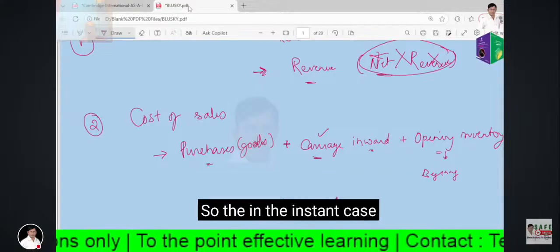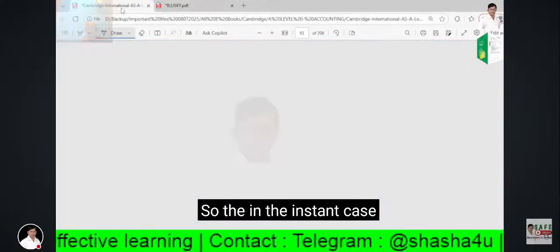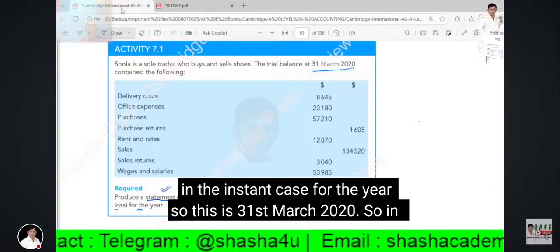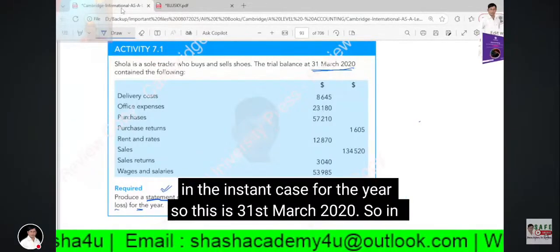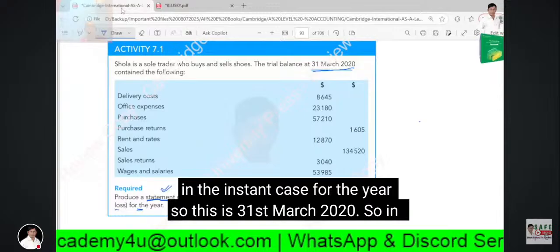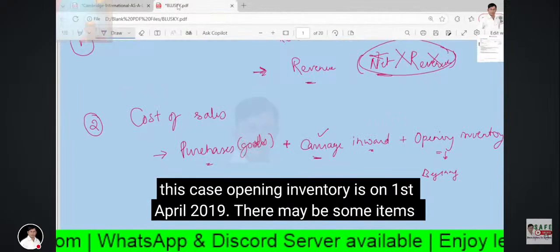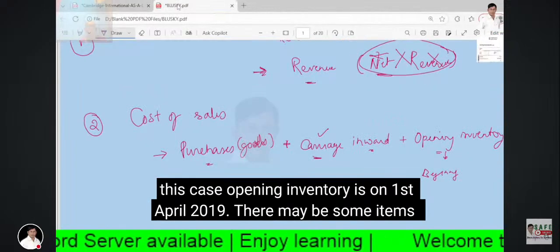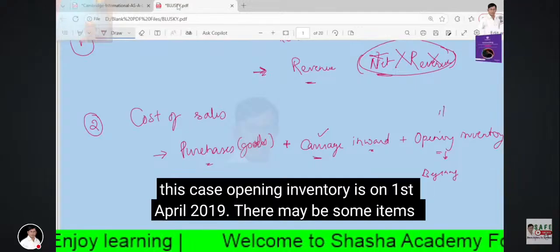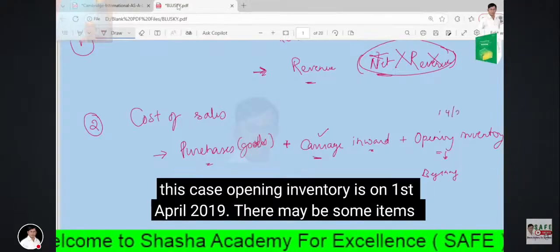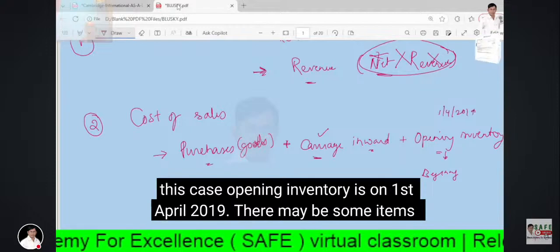In the instant case, for the year ending 31st March 2020, opening inventory is on 1st April 2019. There may be some items lying.